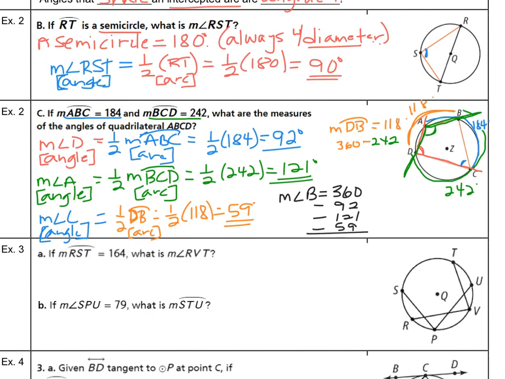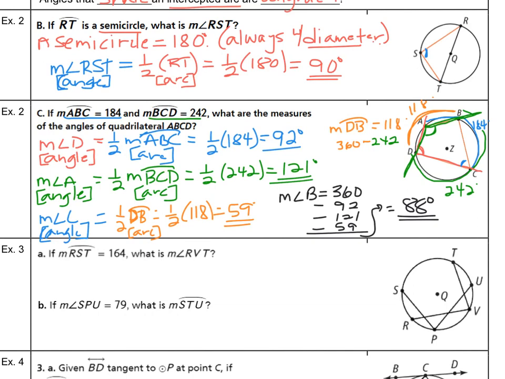Please enter that all into your calculator. What would be the measure of angle B? We should get exactly 88 degrees. And using those arcs was super helpful to get us started, but then we just recognized that all the angles in a quadrilateral add up to 360.